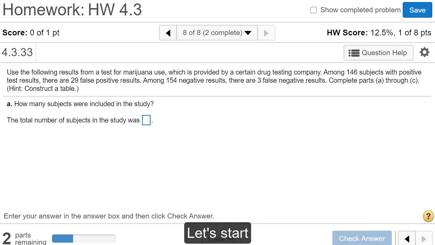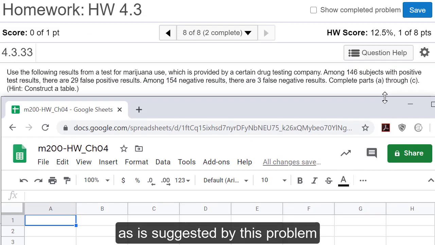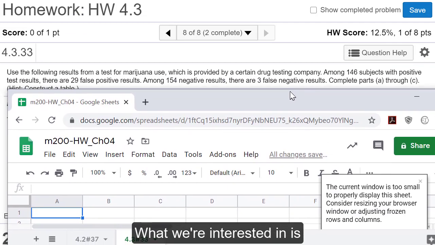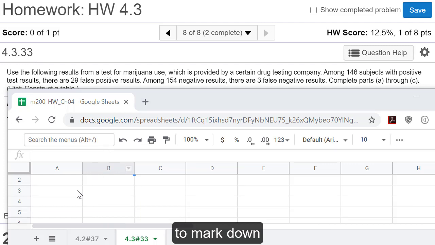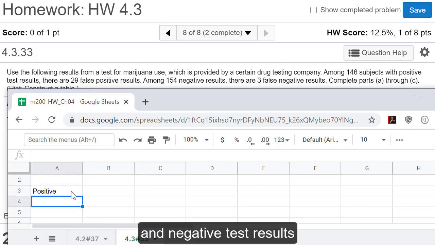Let's start by creating a table as is suggested by this problem. What we're interested in is to mark down the positive and negative test results. So we know there's positive test results and negative test results.